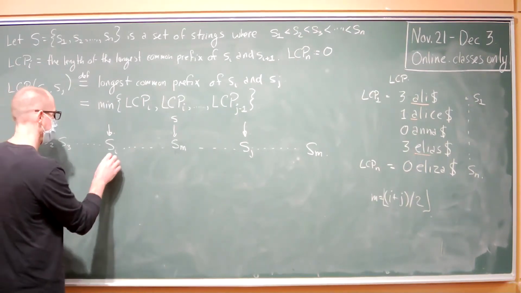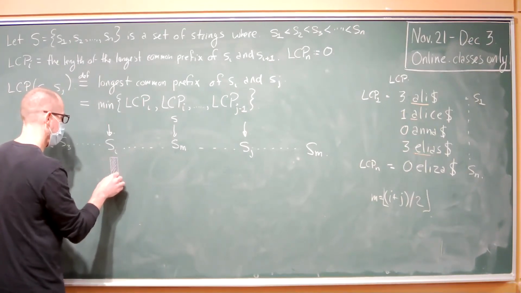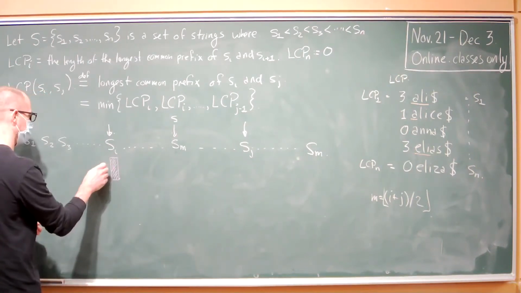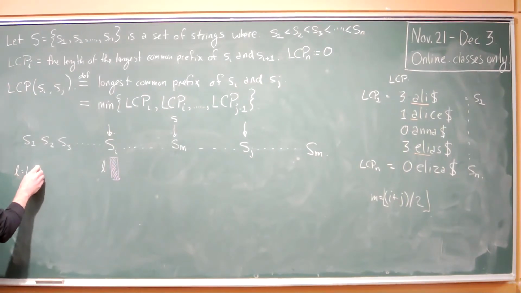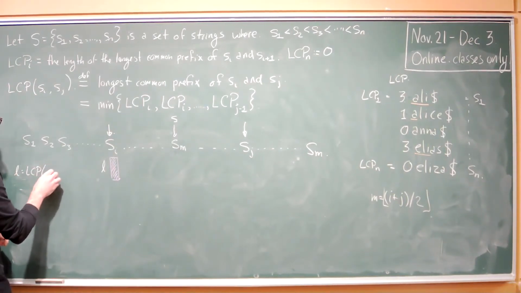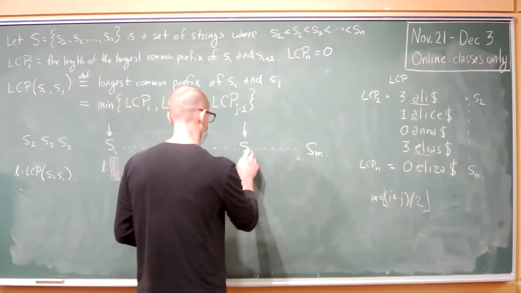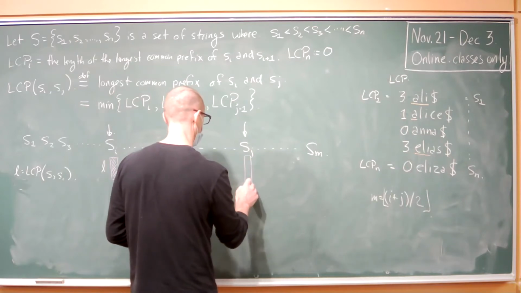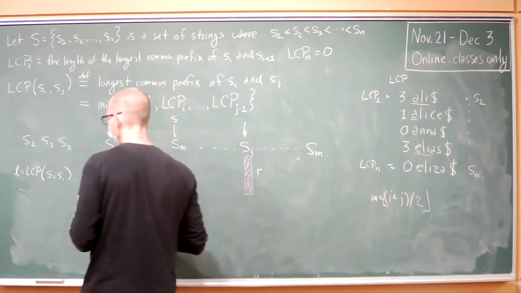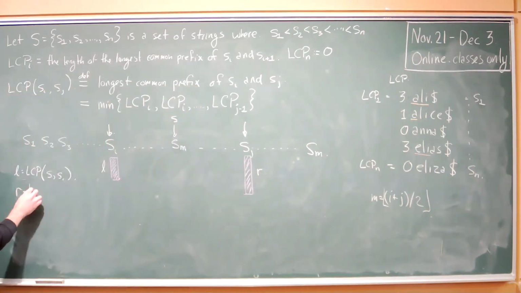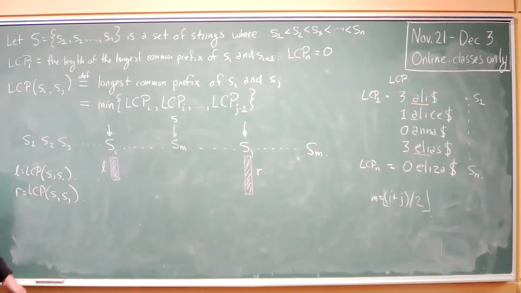I will keep track of this thing here, which I'll call L, the length of the longest common prefix between S and Si. So L is for left. And I'll also keep R, which is the length of the longest common prefix between S and Sj.